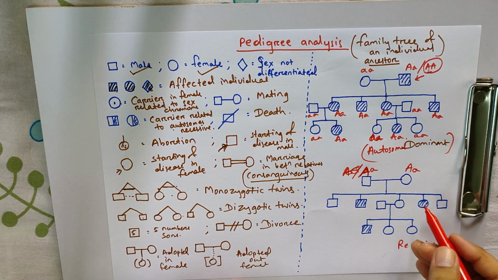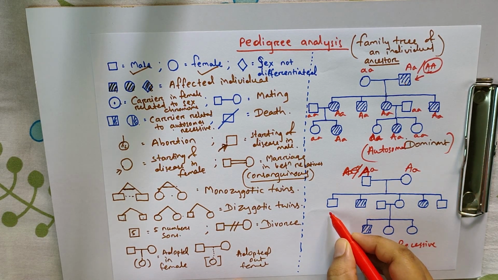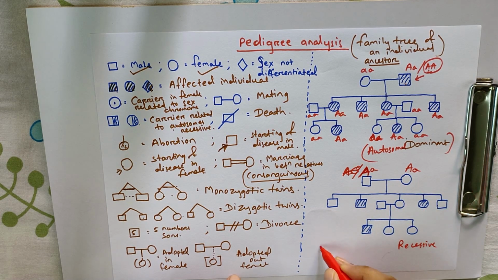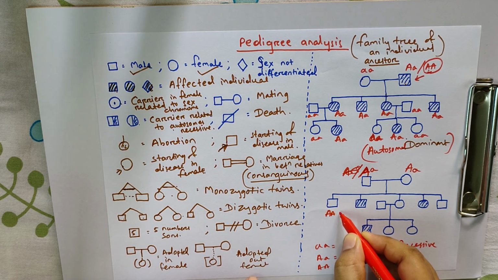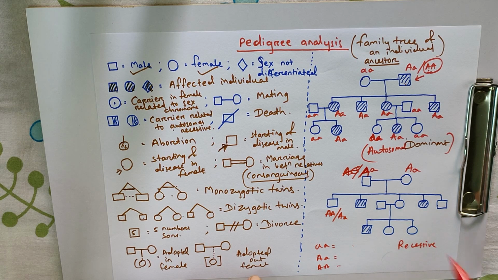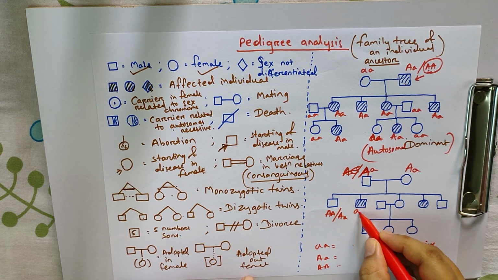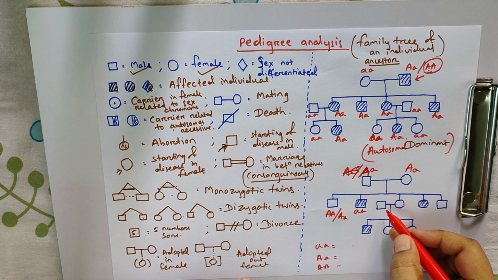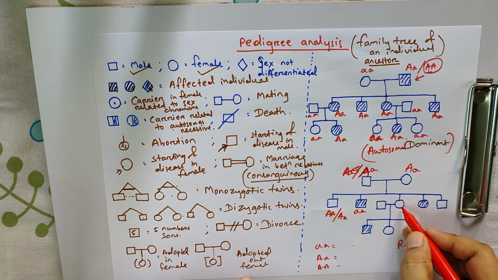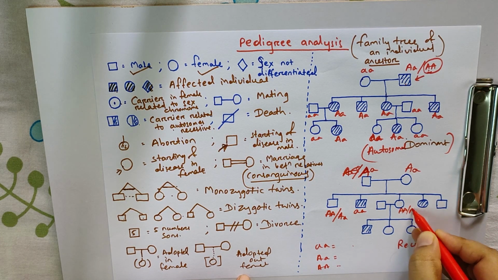In this case, small a small a is the affected, capital A small a not affected, capital A capital A not affected, because it is recessive. This one is affected, that means small a small a, and this one is not affected, that means it is either capital A capital A or capital A small a.